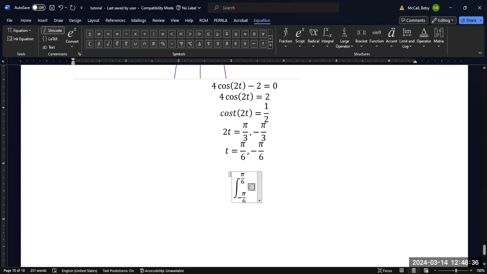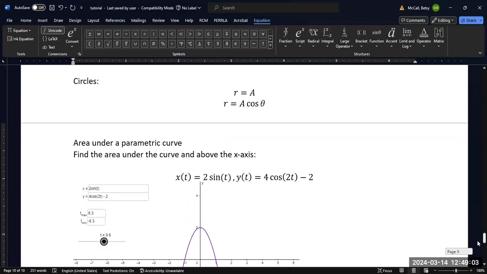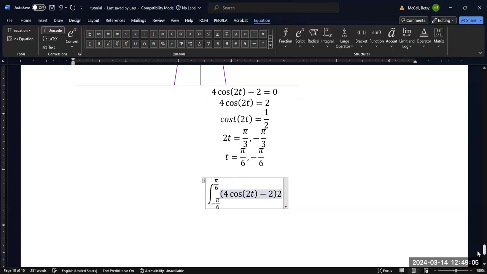The function that we're integrating is the y function, so cosine of 2t minus 2, and then we have to multiply by the derivative x prime. So our original x function was 2t, so we're going to multiply by 2 cosine t dt.